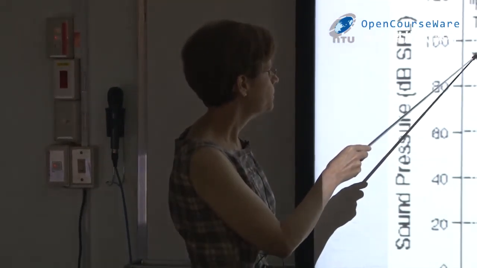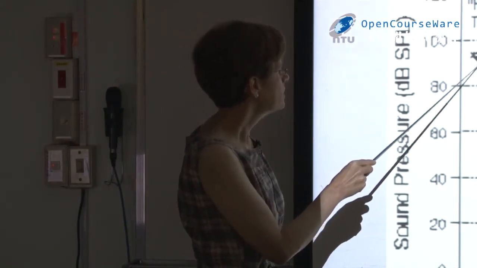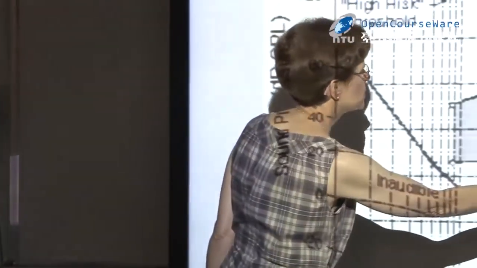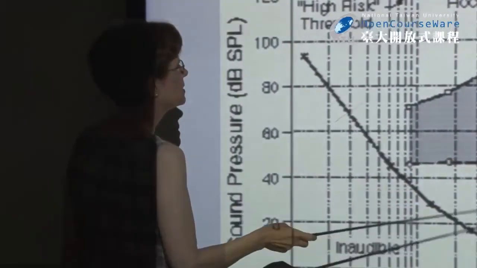This is the barely audible sound. It's getting better and better up to about 4,000 hertz, and then it starts falling off again. And then for older people, we're just going to be missing a lot of these frequencies.